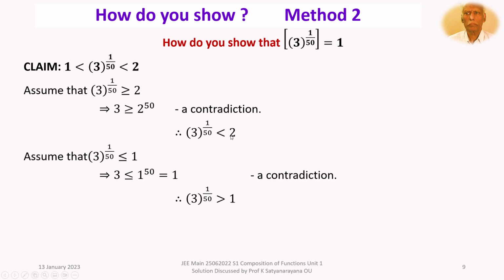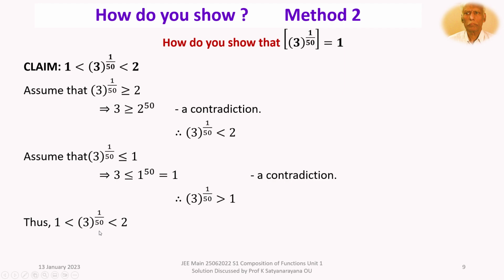So, combining these two facts, 3 power 1 by 50 greater than 1 and 3 power 1 by 50 less than 2, you will get 1 less than 3 power 1 by 50 less than 2. That means the answer 3 power 1 by 50 lies between 1 and 2.